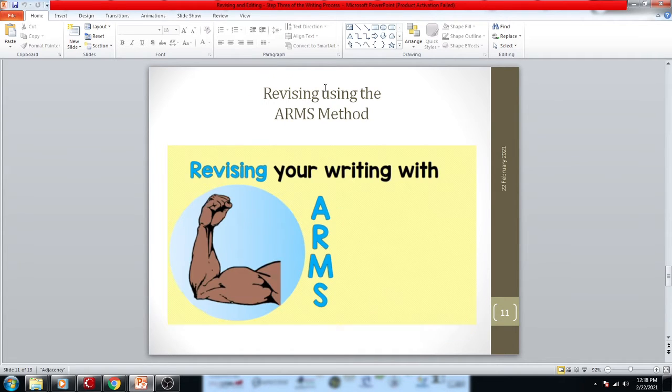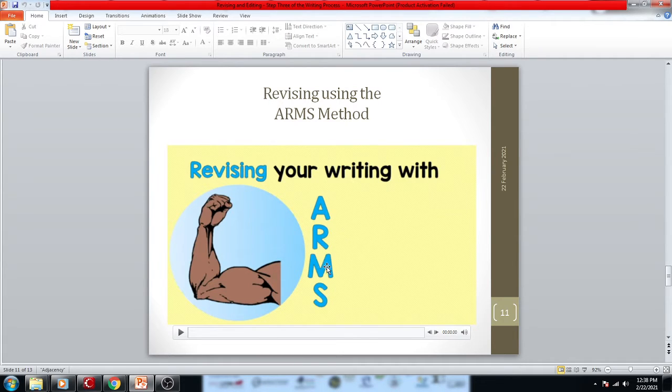Okay, so revising using the ARMS method. Revising your writing with ARMS. So where A stands for add new ideas. R stands for remove ideas that are not relevant.